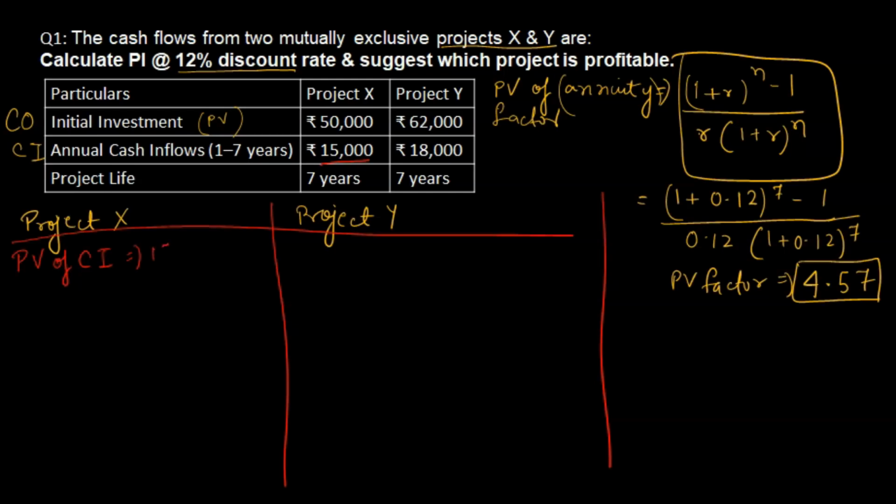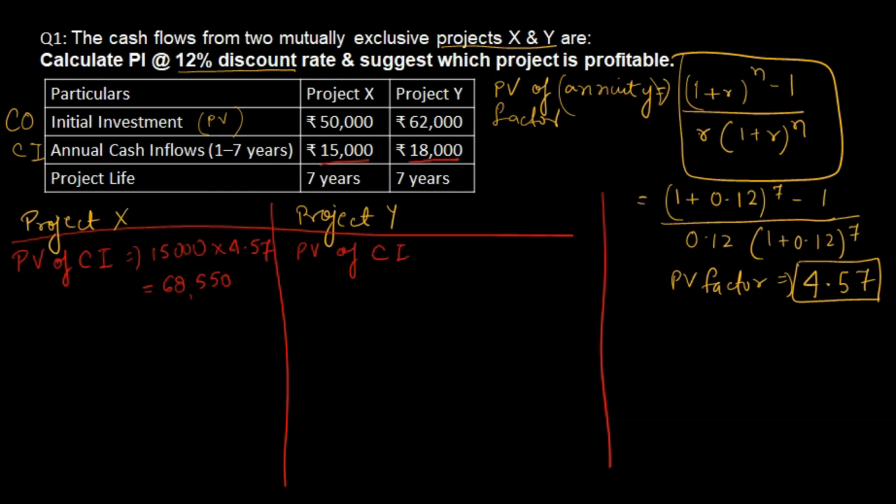So 15,000 multiplied by 4.57, that is the PV factor, and we will get 68,550.